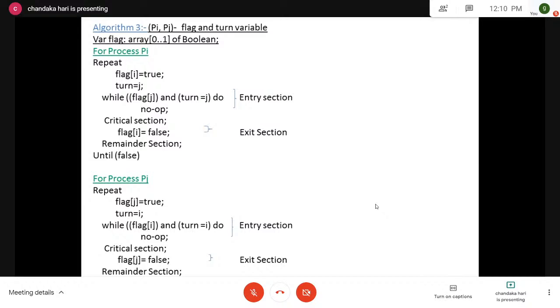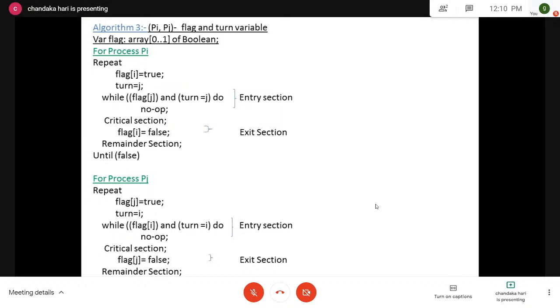Even if switching happens, even if the time slice is complete and control comes to me, I am giving first priority to process pj. It clearly states that I am giving first priority to the processes trying to enter into critical section.